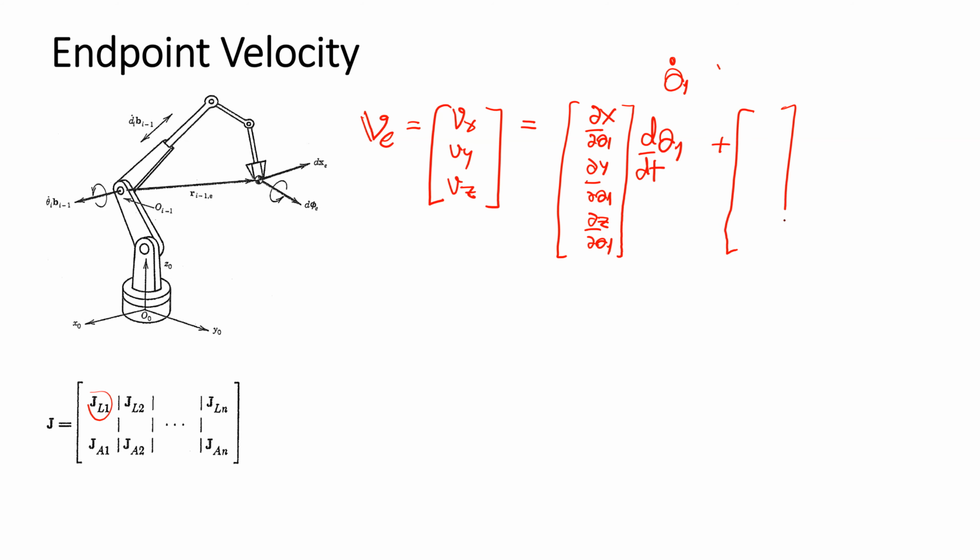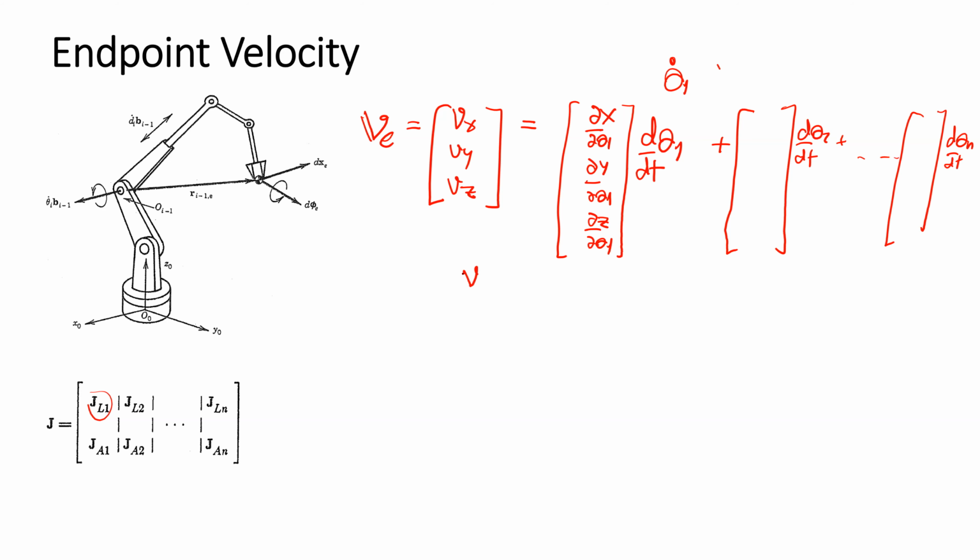And we have by theta 2 until joint n. And how can we name this thing?